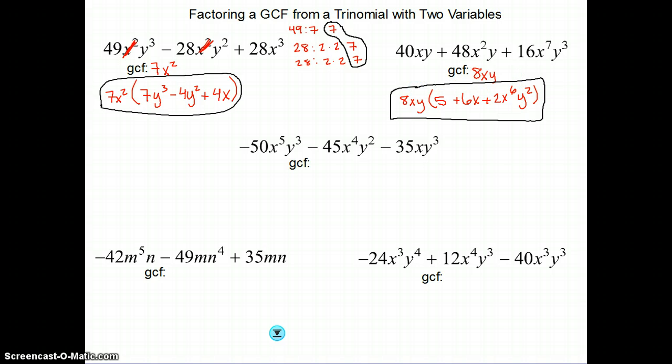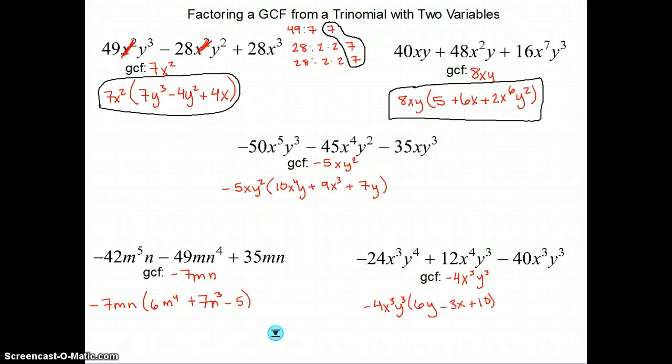Go ahead and take a moment to please pause the video and try the next 3 on your own. Your greatest common factor for the first should be negative 5xy to the 2nd. Factoring that out, you should have 10x to the 4th y plus 9x to the 3rd plus 7y in parentheses.